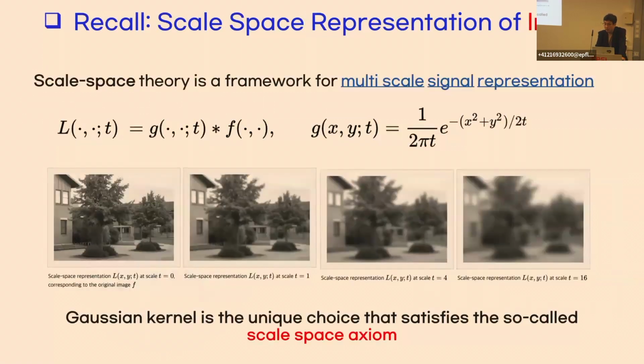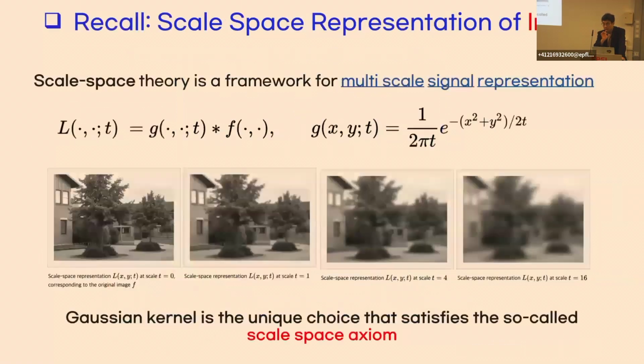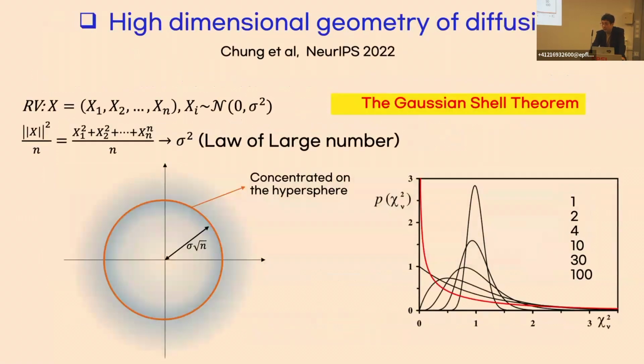In fact, I started with the one-dimensional cases, but in that case, you can easily see this is a Gaussian kernel convolution. But what happens in the high-dimensional cases? Still, you have additive Gaussian noises, and the PDF is convolved with the kernel from the noises. But something very interesting happens.